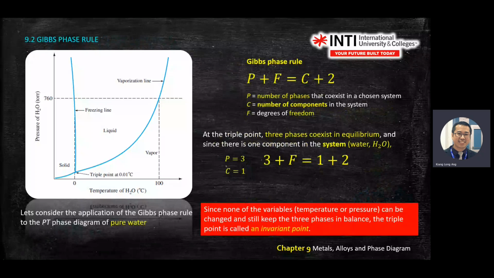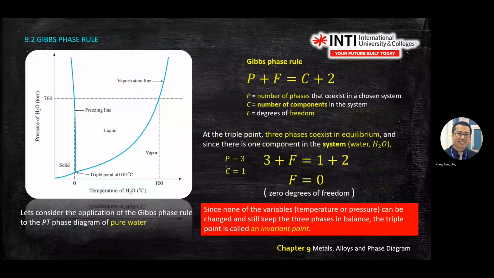There's one missing. Degree of freedom is missing. You do the calculation, how many degrees of freedom? 0. There's no degree of freedom at the triple point here.